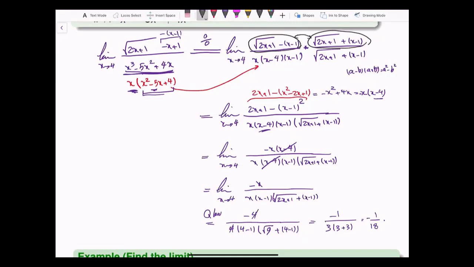So these are conjugates. But you multiply the numerator by some expression, and we don't want to change the whole function. I have to divide the whole thing by exactly the same thing that I multiplied by.